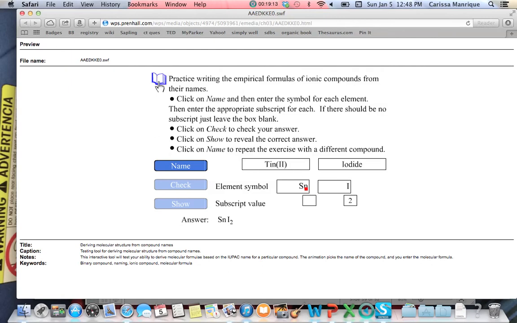So this should be Tin and then I2. Okay, so I did it wrong. So let's do another one. So then you go do the same thing. So cadmium iodide, what should that be? And you write down the symbol and then your subscripts. So if you can't figure it out, there you go. So you can check your answers and you can go to the next one.